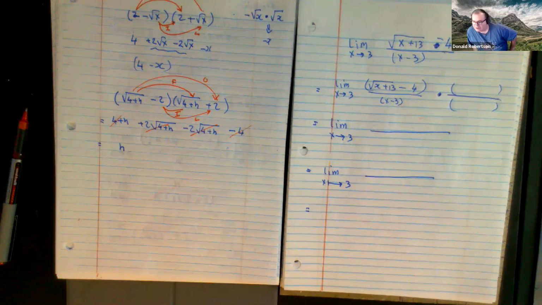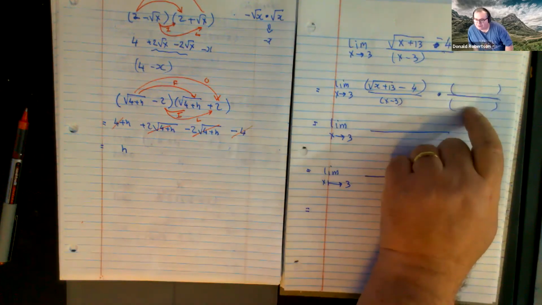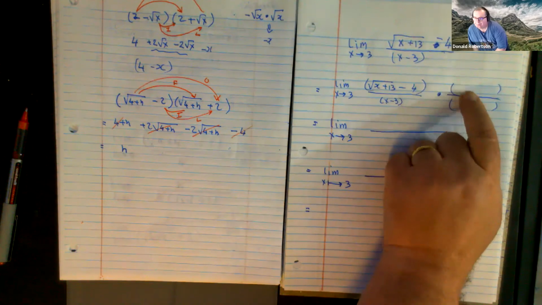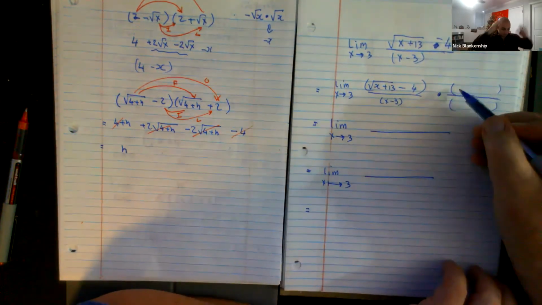Last few seconds. Right, I need to multiply by the special version of one called the conjugate. Any volunteers for what the conjugate would be? Root x plus 13 plus 4.